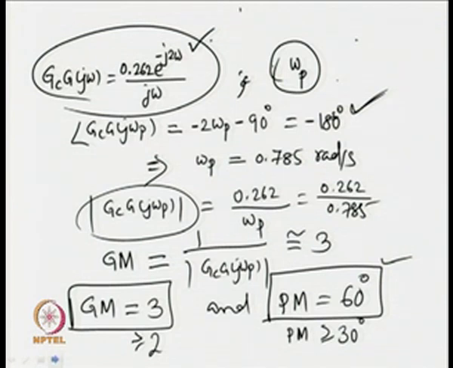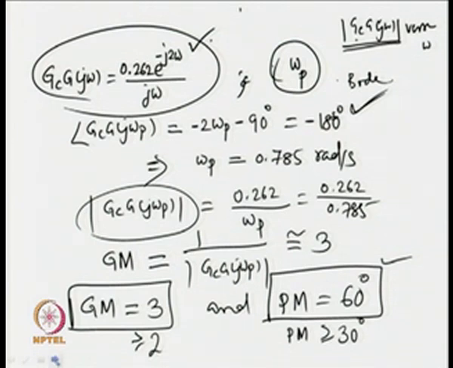When the magnitude of the loop gain G C G j omega is plotted versus the frequency, we get the Bode magnitude plot.